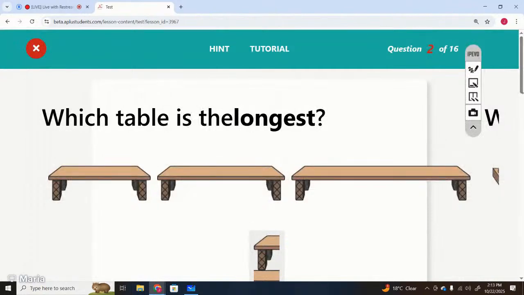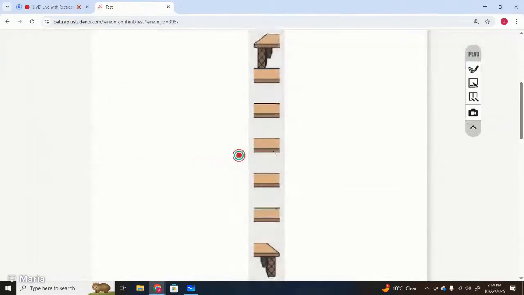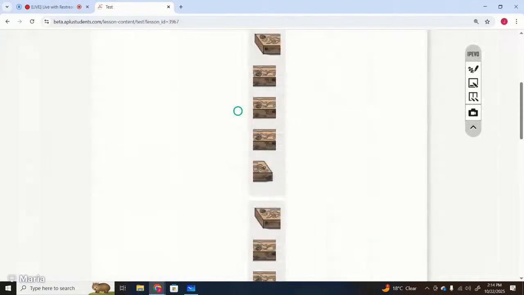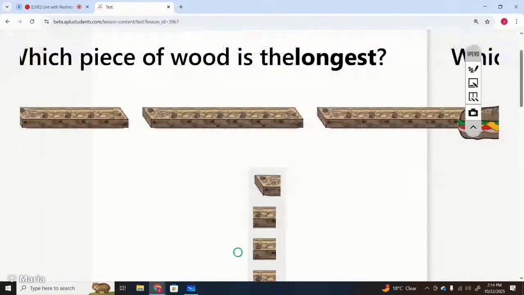Which table is the longest? So the longest table is... Which piece of wood is the longest?